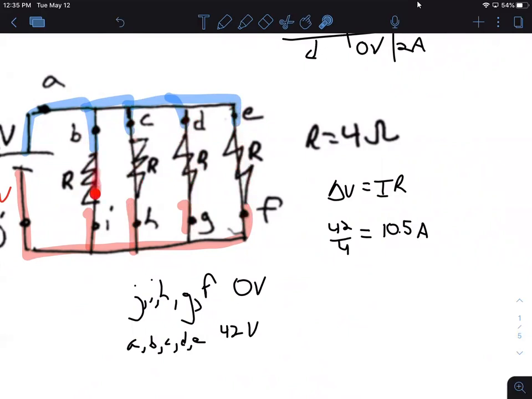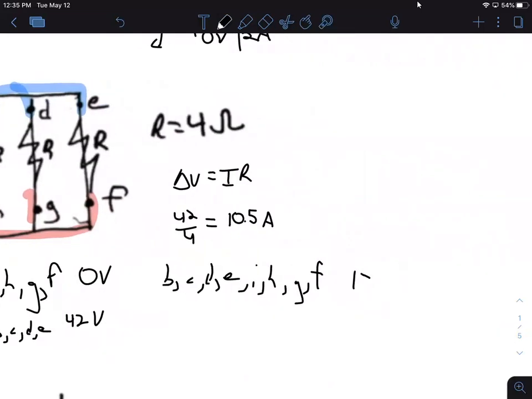And then we just found for all of them equal resistors in parallel, same current. So B, C, D, E, I, H, G, F have 10.5 amps.